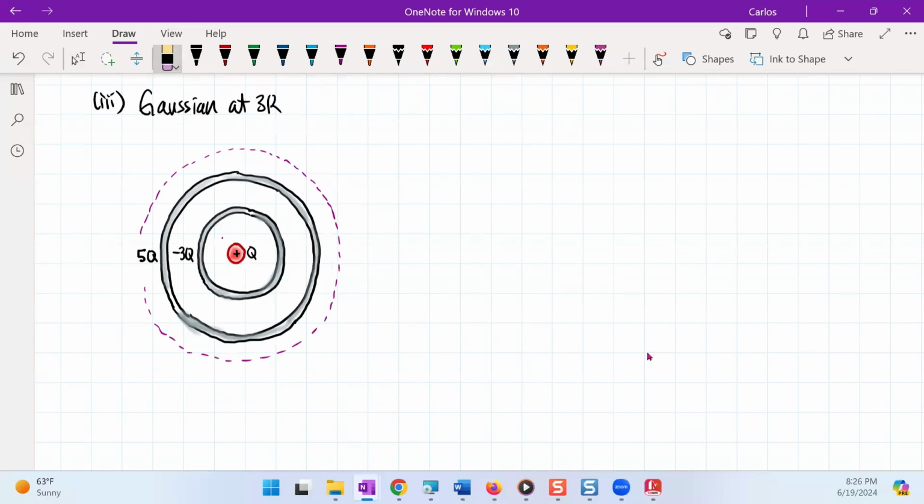Again, I'm removing Q and putting E instead so that we can use the same reference that we did before. So now I look at Q enclosed for 3R, and how much charge do I have? Well, I got plus E minus 3E plus 5E, and right away we can see that that has to be 3E.